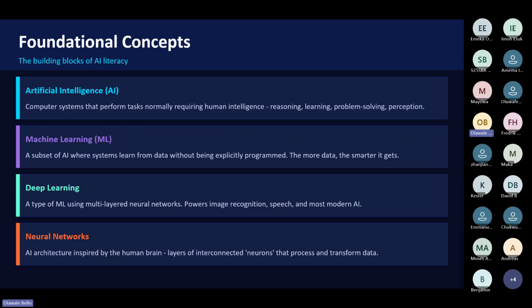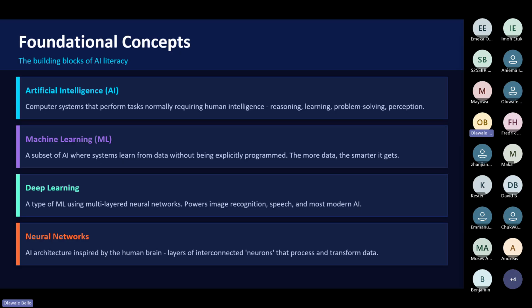Human beings can do all these things. So we're thinking about how a machine, or a computer, or a system, because I'll be using those words interchangeably, can also perform tasks that would normally require human intelligence.